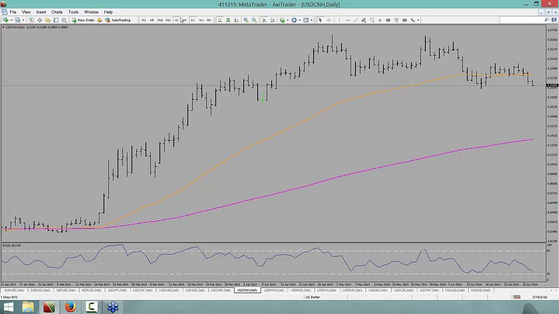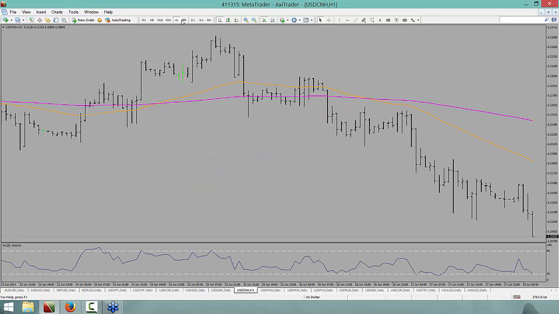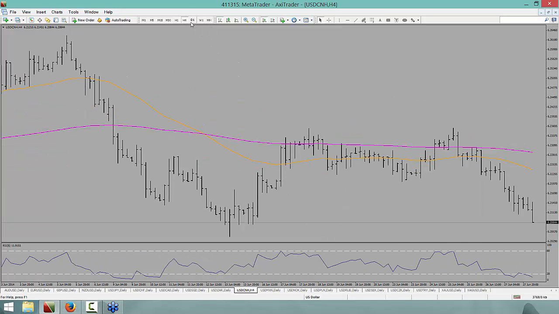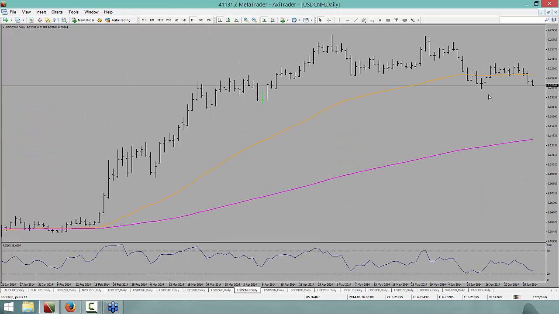It's certainly a trend now, isn't it? You can't trade that. It's a bit FOMO trading it from the daily point of view. Momentum's overdone.